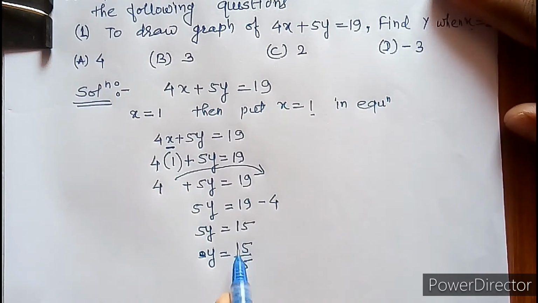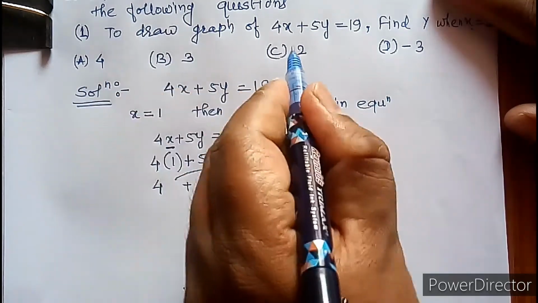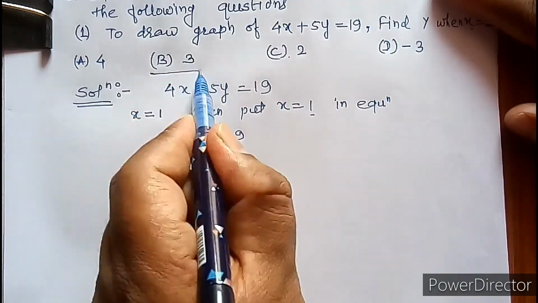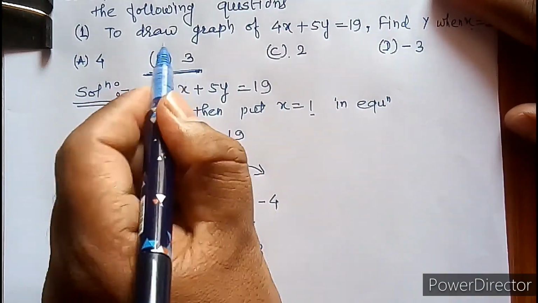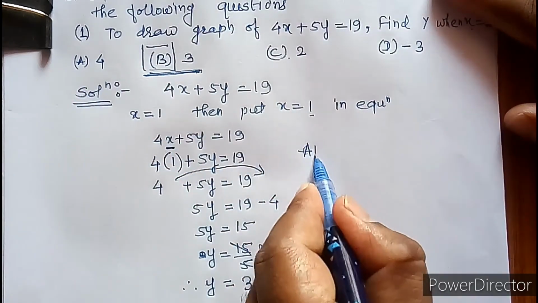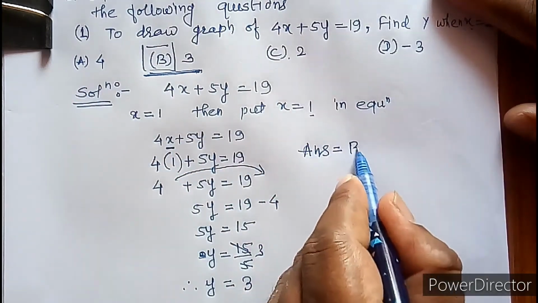When we divide 15 by 5, the answer is 3. Therefore we get y equals to 3. Search here in the objectives where is 3. Here is 3. Now therefore the answer is B. Write down answer equals to B.